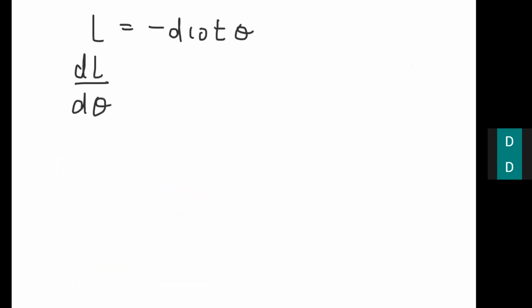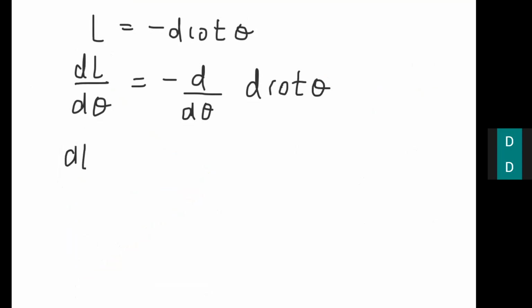That's going to be minus D into d cot theta, so dL is equal to minus D cosec square theta d theta is what I will get.